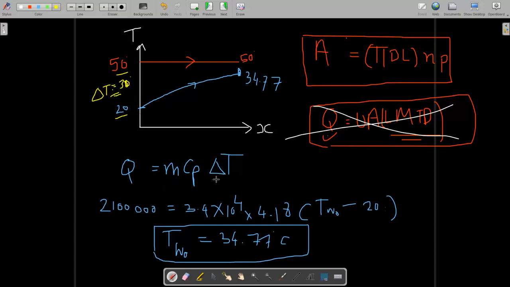The maximum temperature difference can be 30 degrees, but it is only 14.77 degrees Celsius, because 34.77 minus 20 is only 14.77 degrees, while the maximum is 30 degrees.